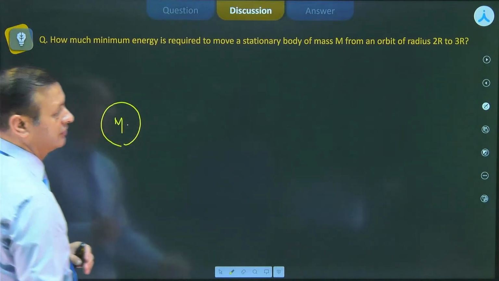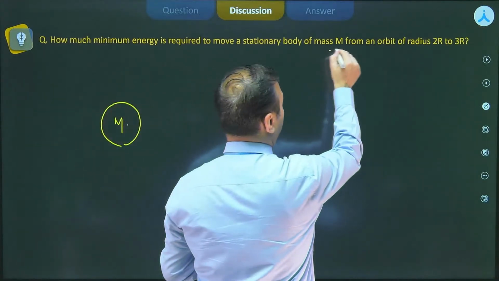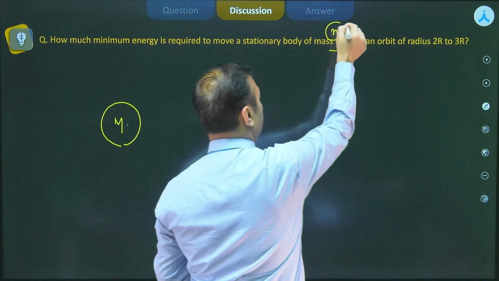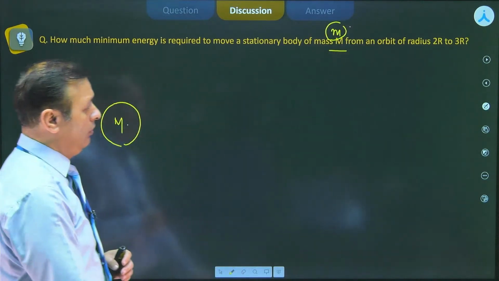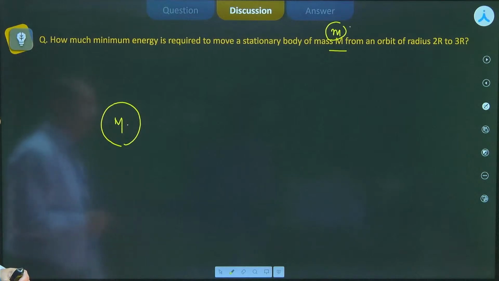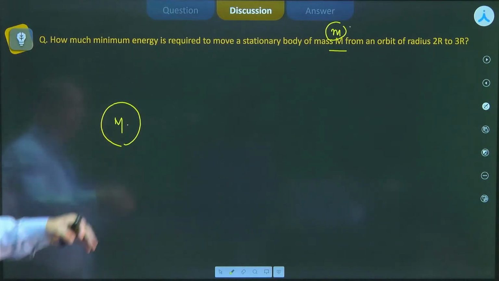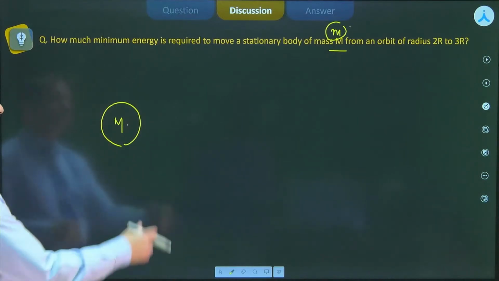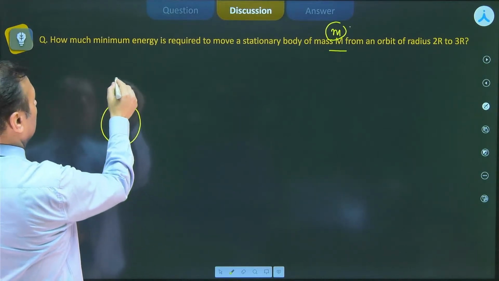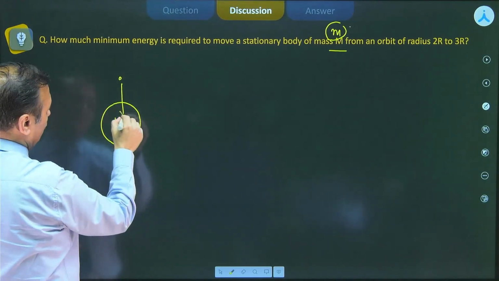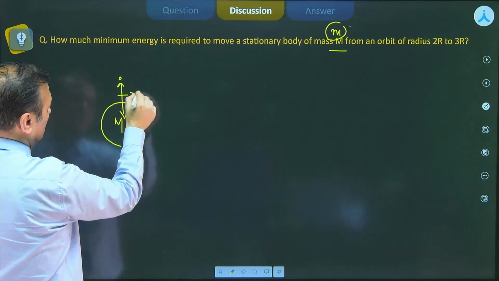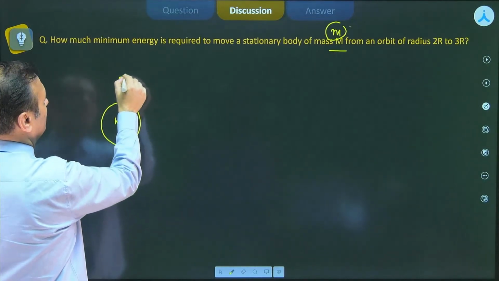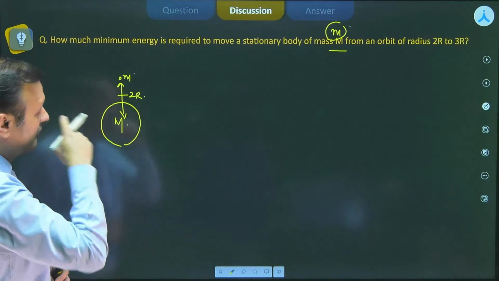This is the mass of Earth. For clarity, I define this mass as small m so you don't get confused with the capital M, which I am taking as the mass of Earth. The orbital radius is 2r.